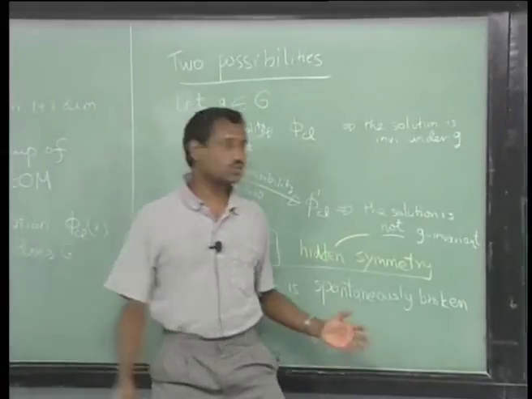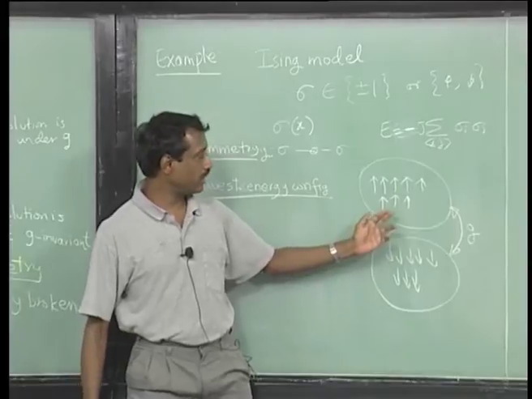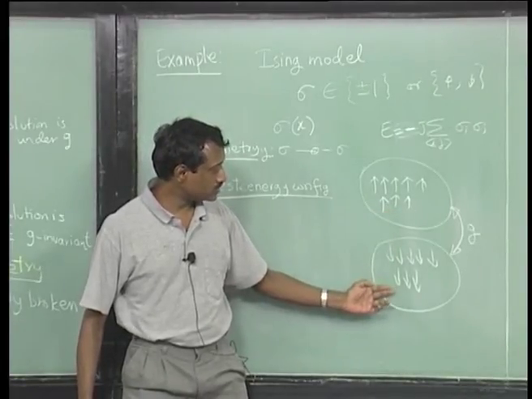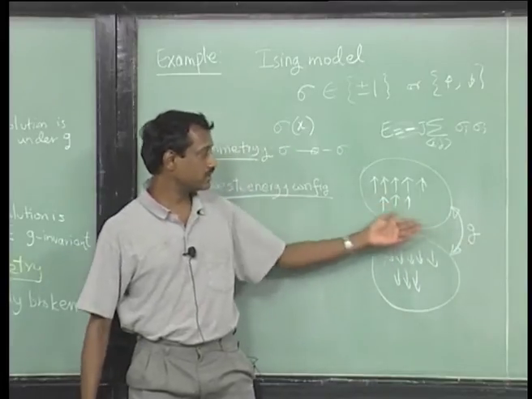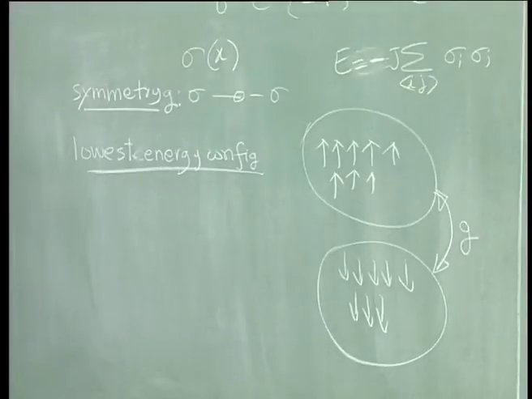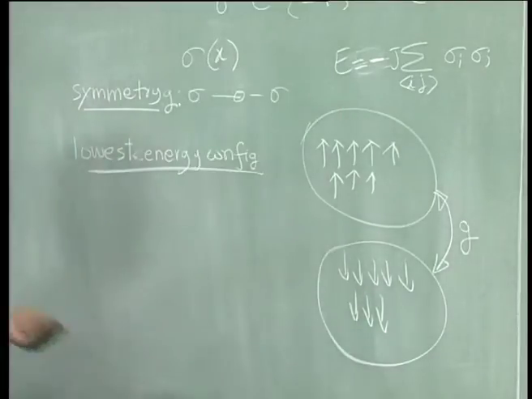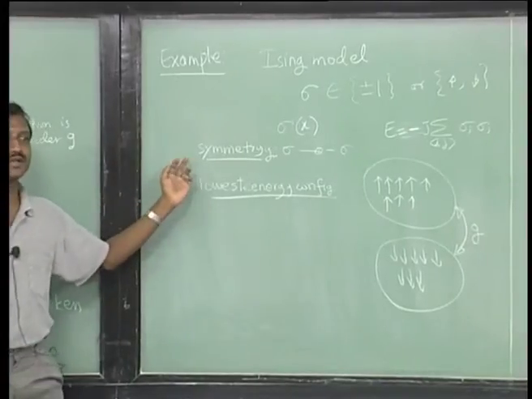Suppose you are in this particular ground state, this other ground state is related to it by the Z2, but you would say that the Z2 is spontaneously broken. So this is one example, where the symmetry is a discrete symmetry.